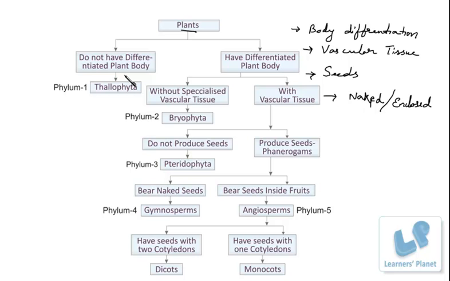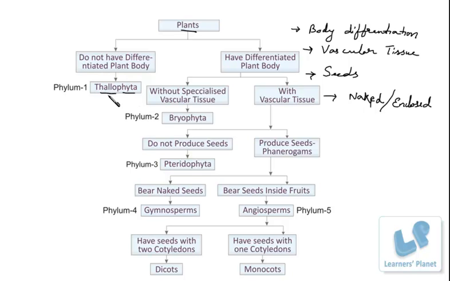If there is no differentiation, it is living as a colony or as a group of cells in a particular region, then the organism is placed in the phylum known as Thallophyta. Thallus means stalk-like, right? There is no differentiated part over there.